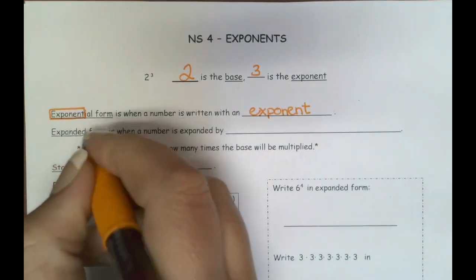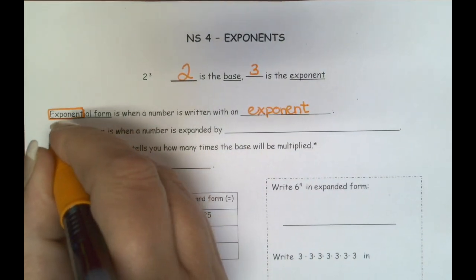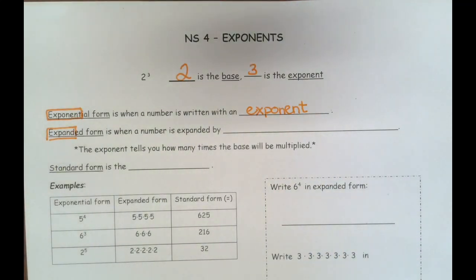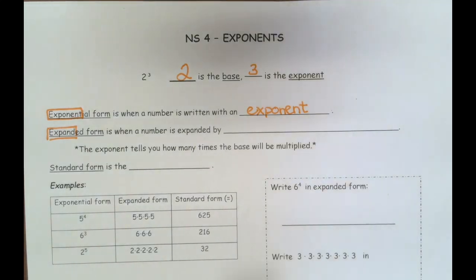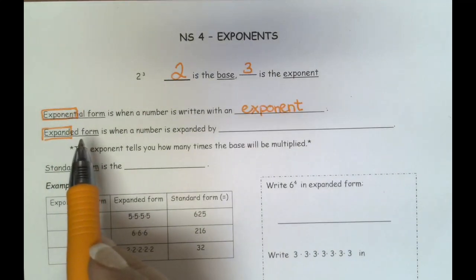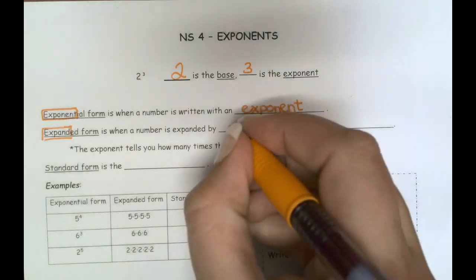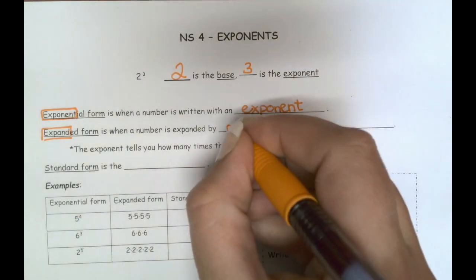Now, expanded form, think about what it means to expand something, to make it bigger. If you're making a number bigger, like actually on paper, it's taking up more space. Expanded form is when a number is expanded by multiplying the base.